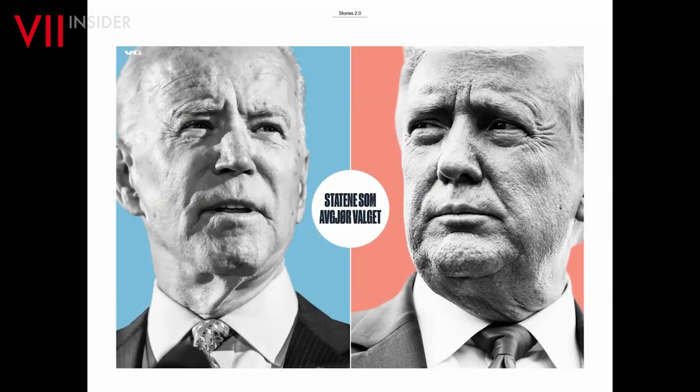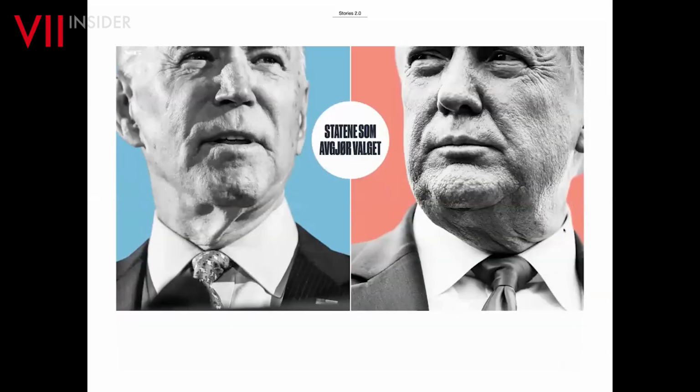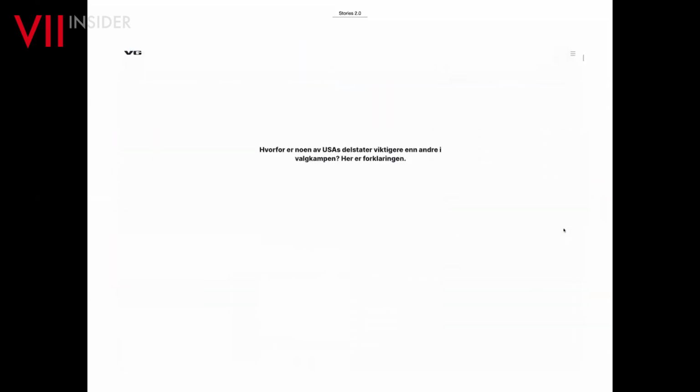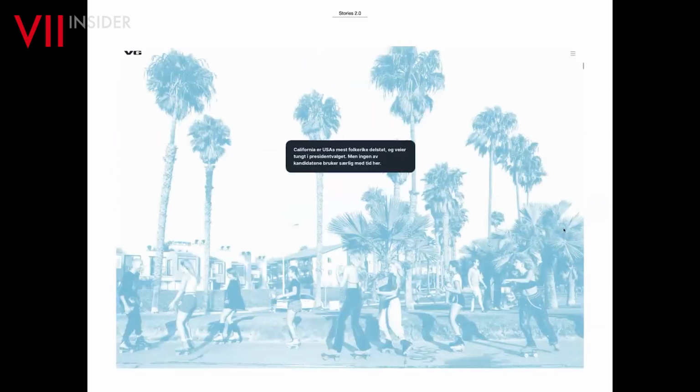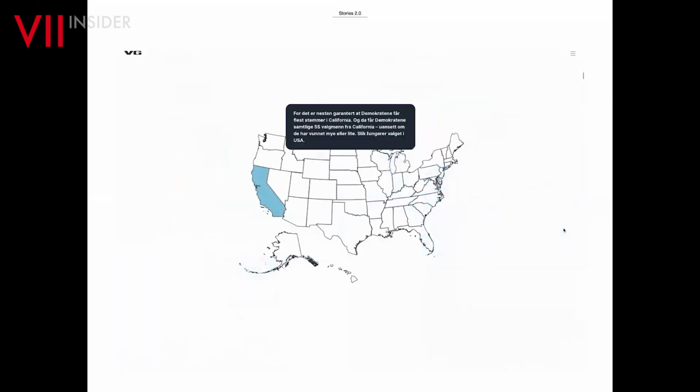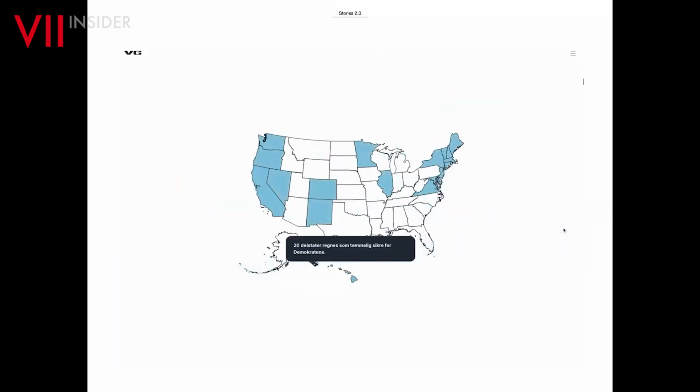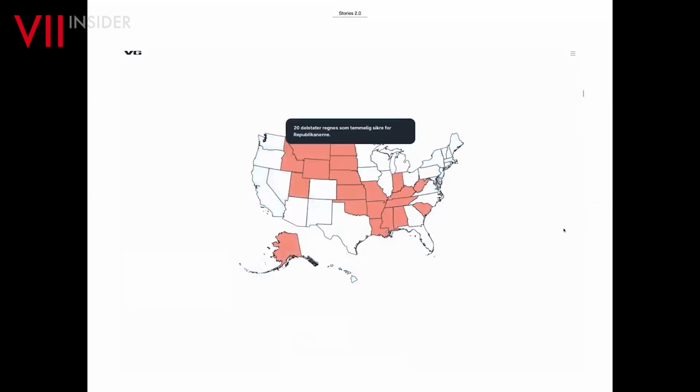This is not really photography, this is much more graphics, but we see that in many stories where it's not that interesting to use pictures, we end up telling the stories in different ways.